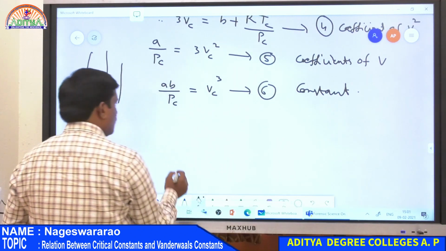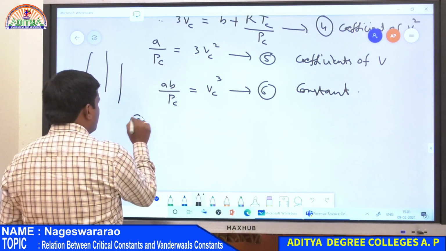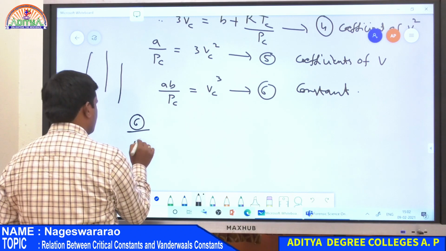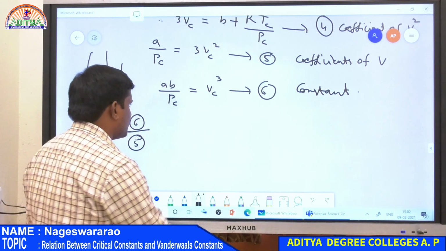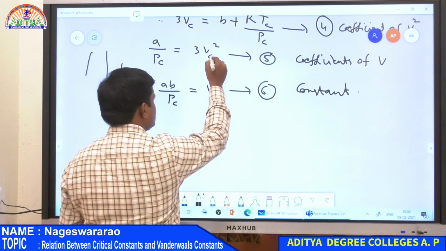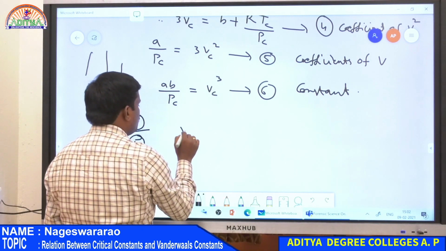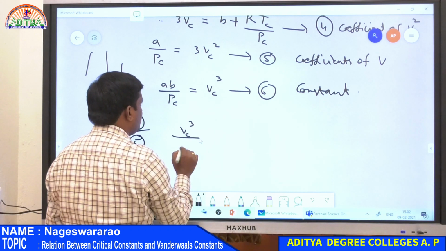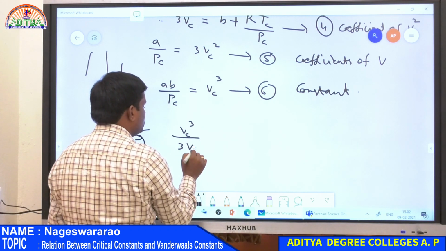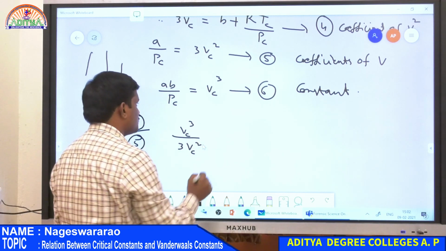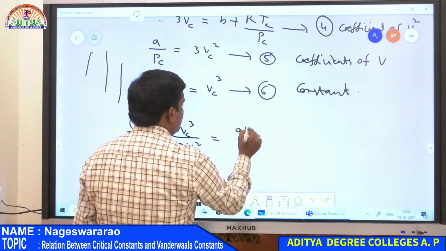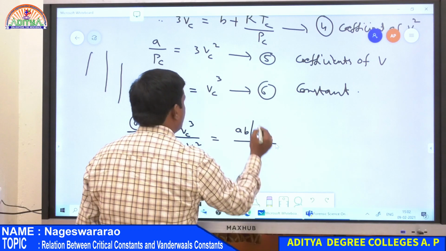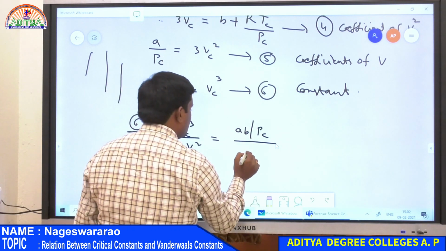So first of all, equation 6 divided by 5. What is 6? This is Vc cube, this is 3Vc square. Therefore, Vc cube divided by 3Vc square is equal to AB by Pc divided by equation 5, which is A by Pc.